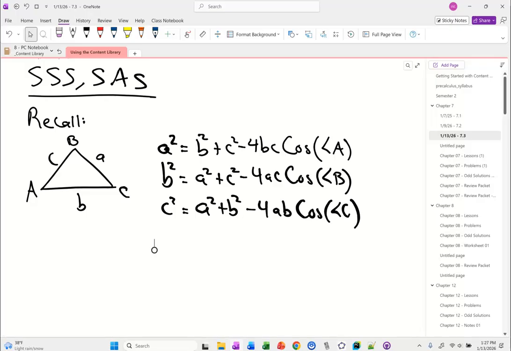Again, to do a side, side, side, or side angle side situation, we're going to be using the law of cosines. Again, there's three different versions depending on what you're given.